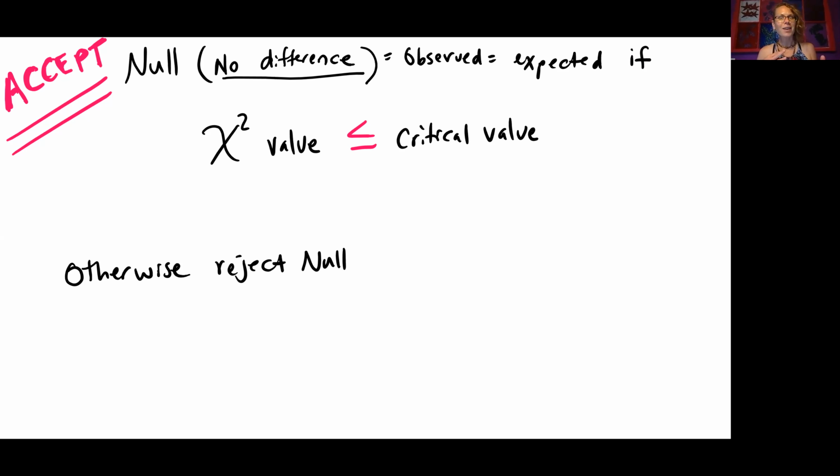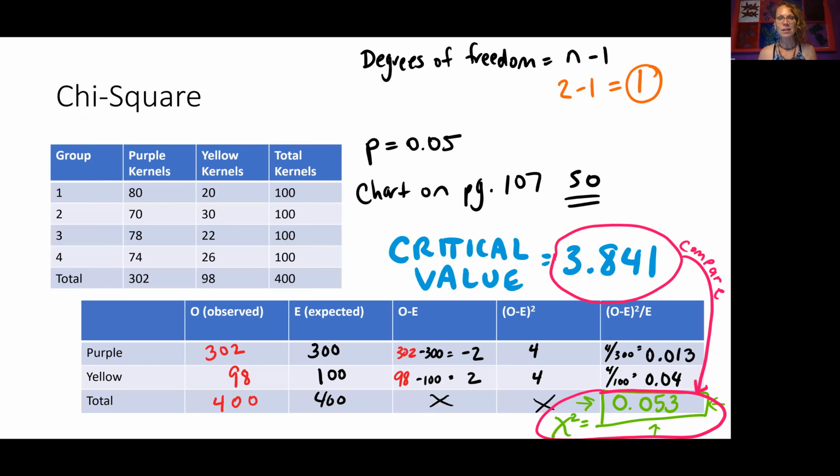That means corn color is derived in some other way. It's not inherited through Mendelian genetics. So look back at your numbers, and the question you need to answer now is: do you accept or reject your null?